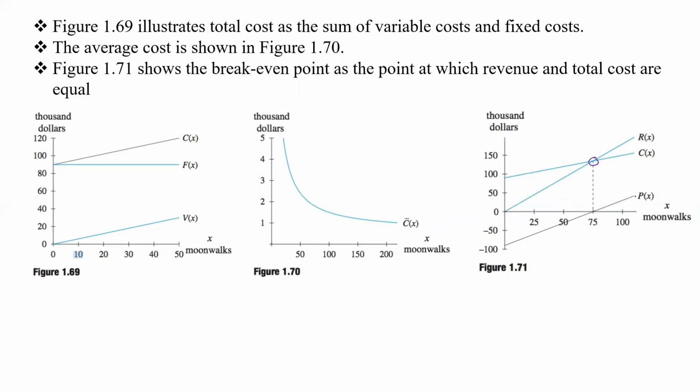And then beyond that, we're actually going to gain a profit. Before that, we were losing money. Up to that point, we hit 0, so then we break even. And then after that, we're gaining money. So these things should be all familiar from your economics or business classes, and we're just going to be applying them to functions in our class. All right, so I'll pause there and I'll come back with the next section.